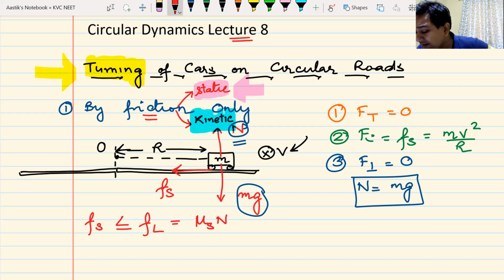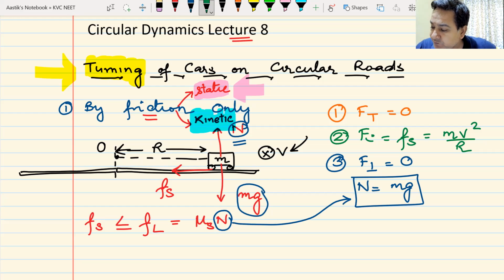And it is always less than or equal to limiting friction. Can I have some response that we understand this? Okay, great.